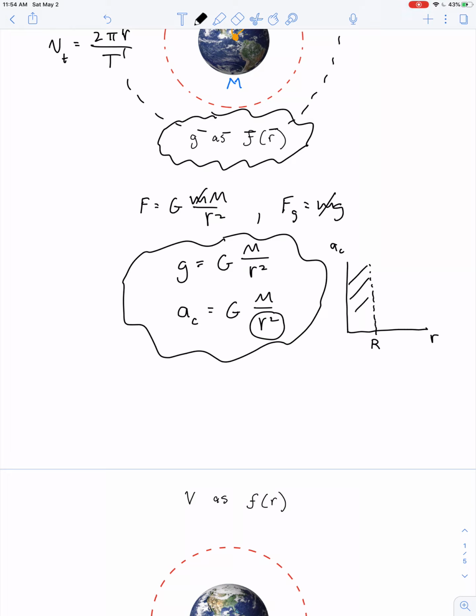So it doesn't make sense to have any data plotted in that shaded region of the graph. For the Earth, the centripetal acceleration of a treetop orbit would be 9.8 meters per second squared. And from there on, the graph follows a proportionality to 1 over r squared.